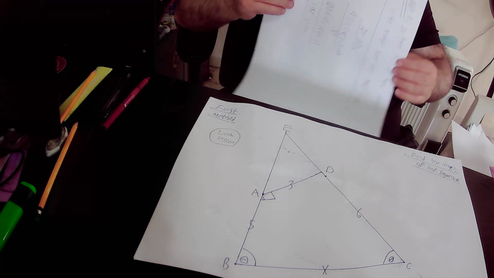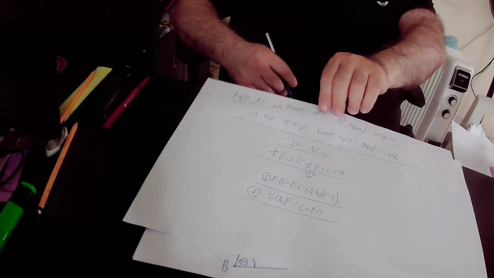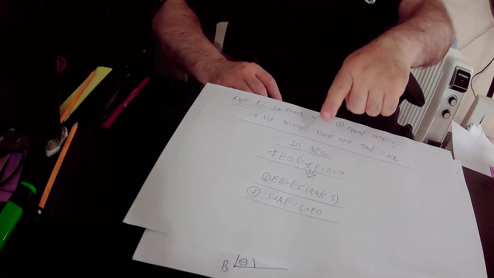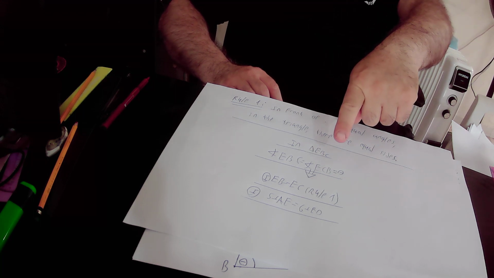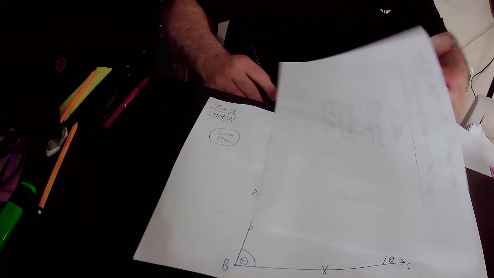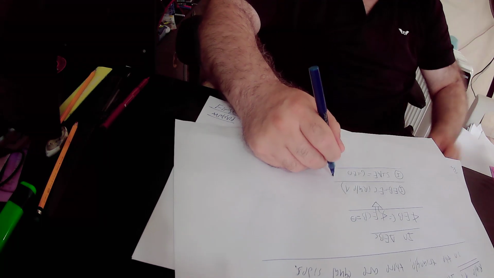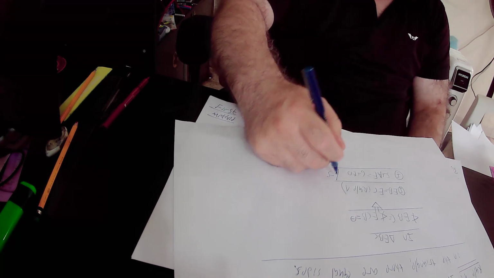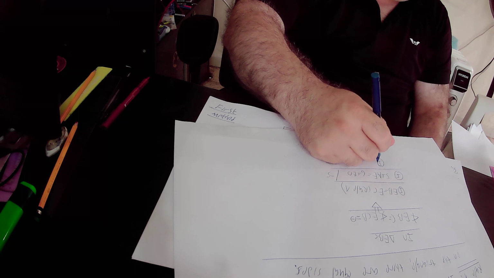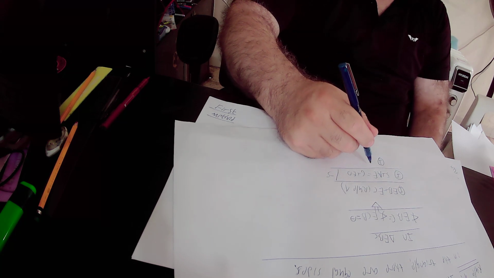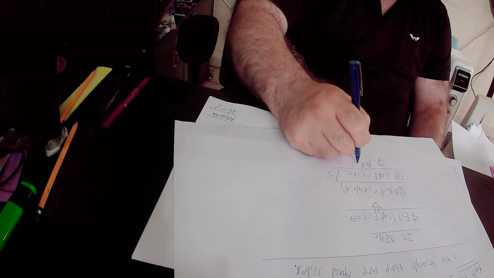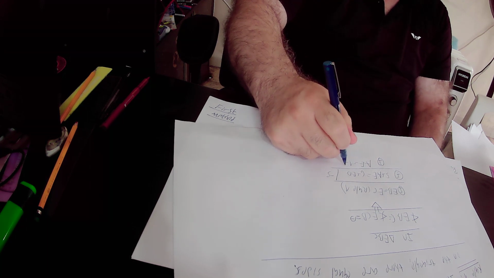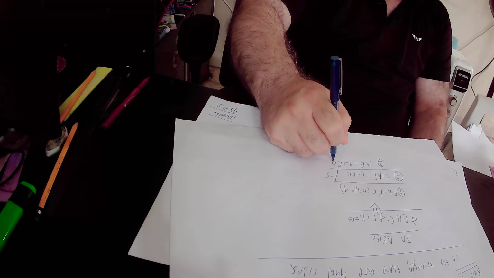In conclusion, according to equation number 1, 5 plus AE equals 6 plus ED. We subtract 5 from this equation, and we get that according to equation number 1, AE equals 1 plus ED.